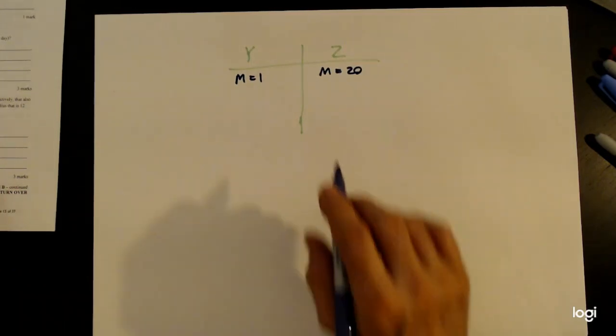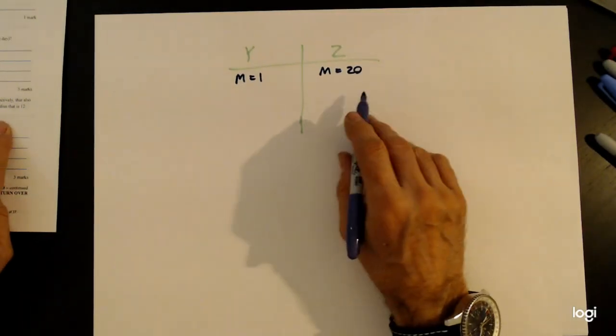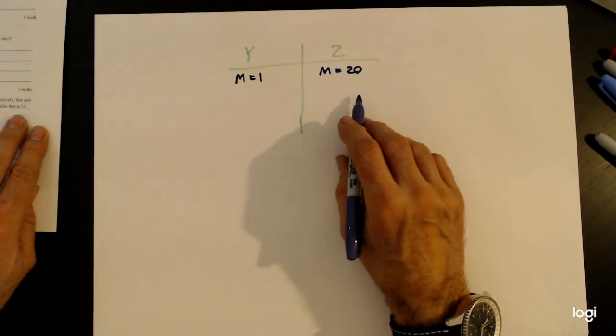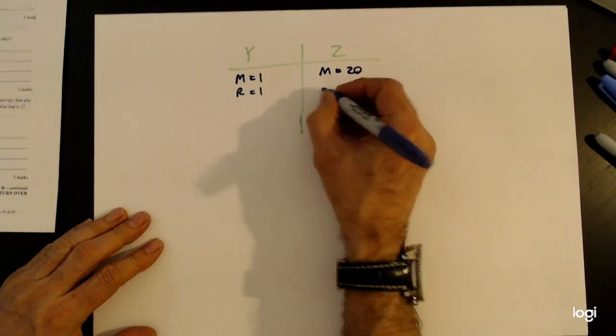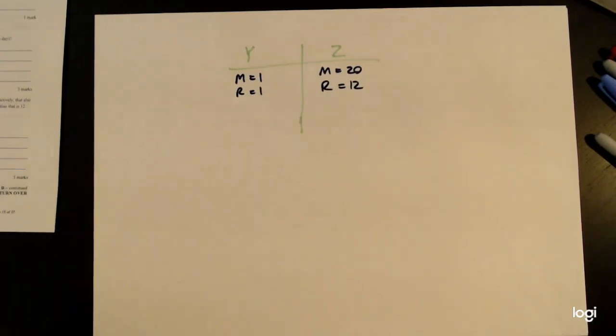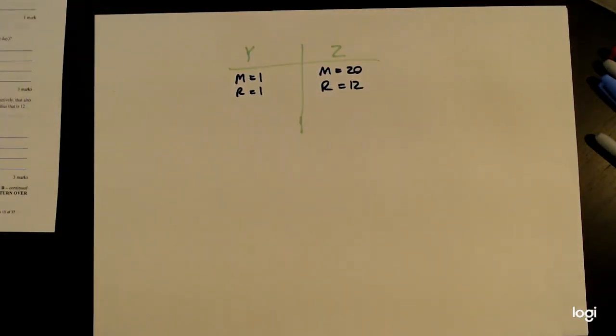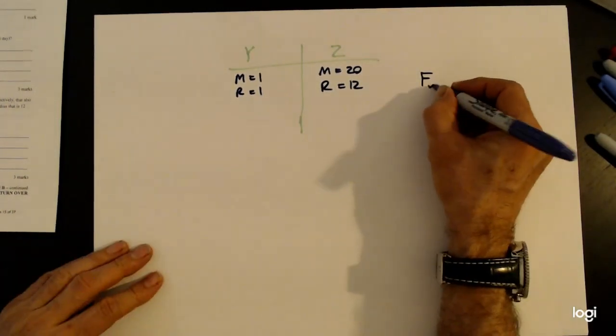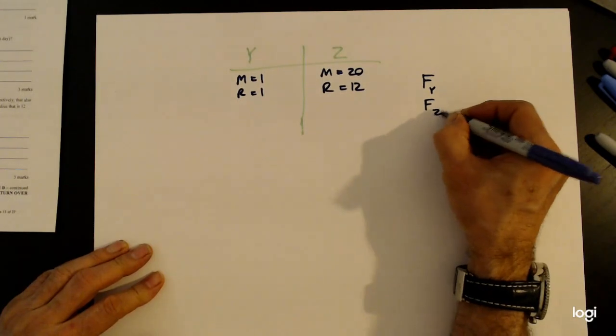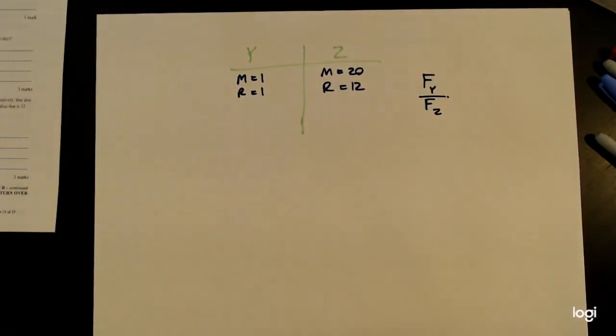Z has a mass that's 20 times that of Y, and it orbits the star at a radius that's 12 times that of the radius of Y. So R for Y is 1 and R for Z is 12. And it says, what's the ratio of the force on Y to the force on Z? So I've got to find that.